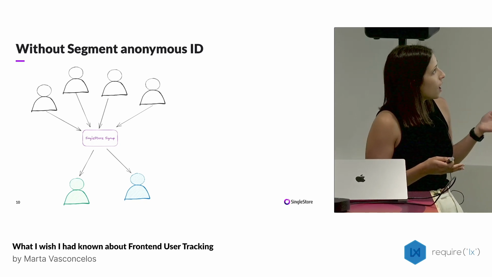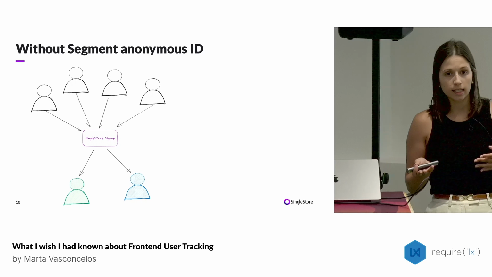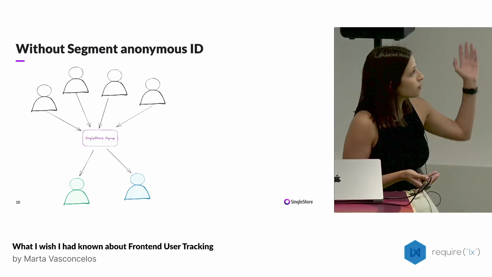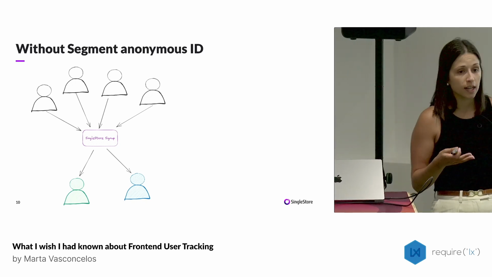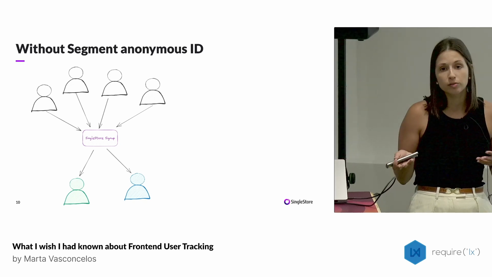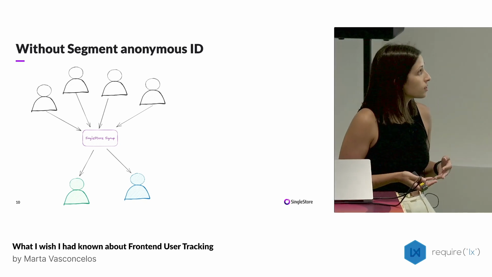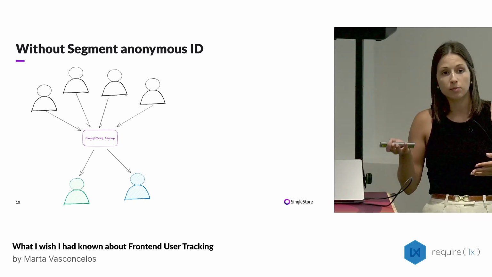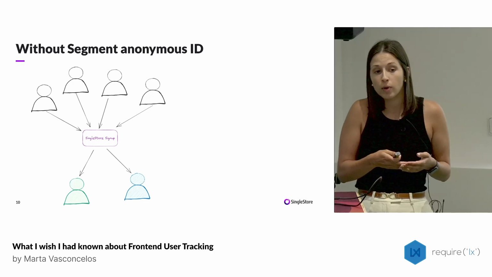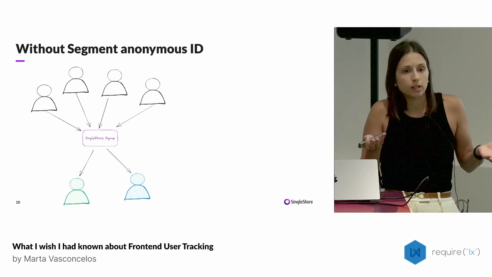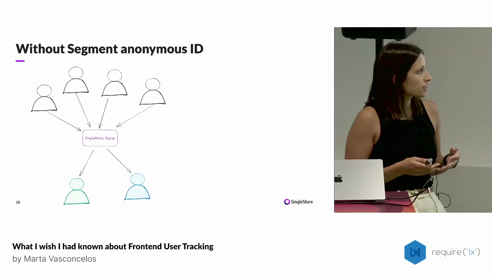So basically, if you don't use any of these features, you have a bunch of users navigating on your website, and since you don't have a login process, you can't track them. So if they are back on your website, it would be a new user for all effects.